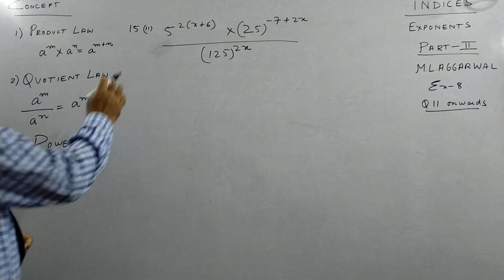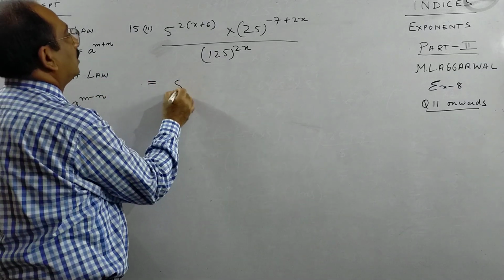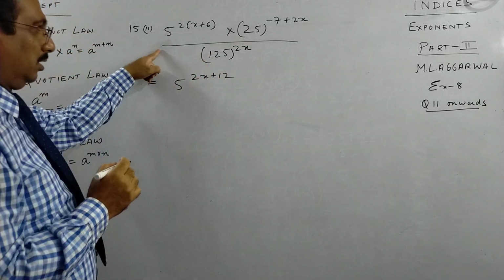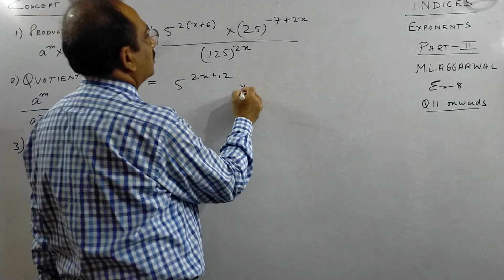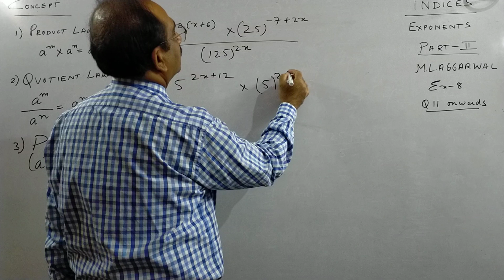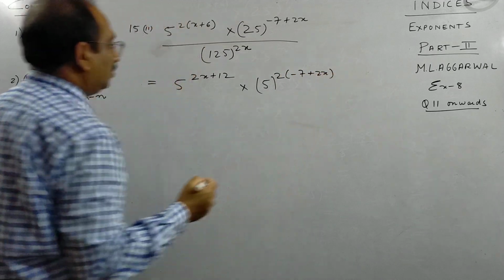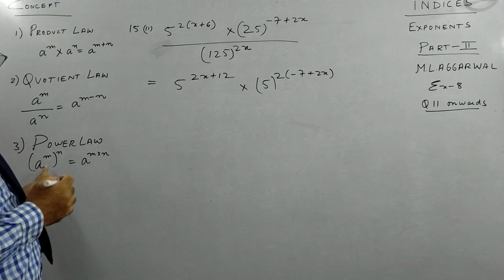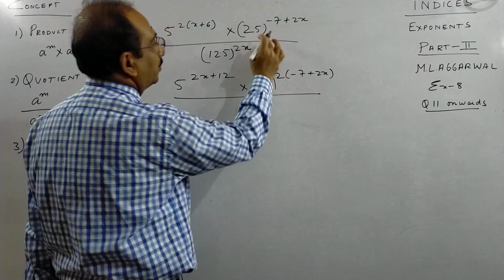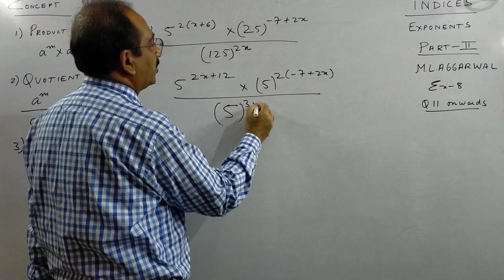Now we move on to question 15, part 2. What I'll do here, children, is open the bracket, and first I will write this as a power of 5. I use the power law here. In the next step, power's power will be multiplied. So 25 is 5 square and 125 is 5 cube.